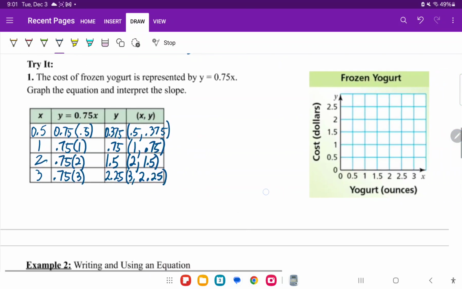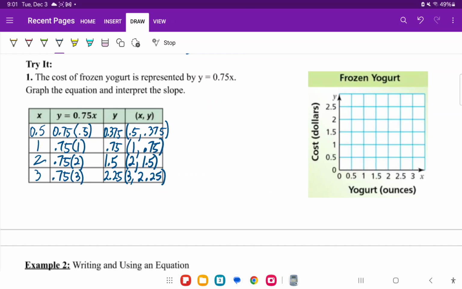Okay, so now if we graph that, I'm not going to graph the first point. I'm just going to graph the last three. So 1 and 0.75 is right there. And then 2, 1.5 is right on the cross, right there.